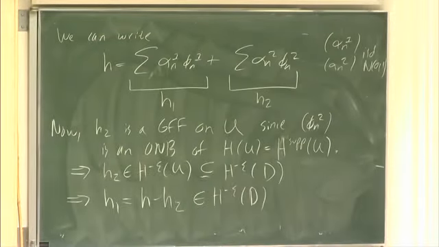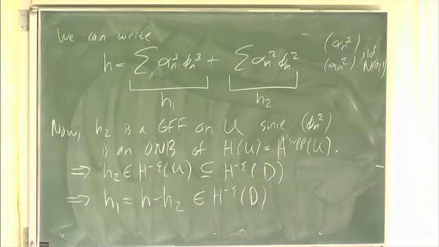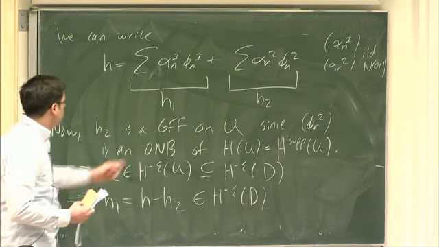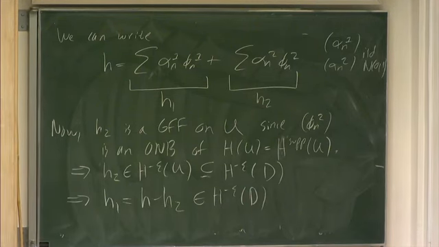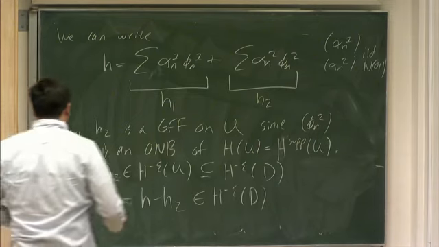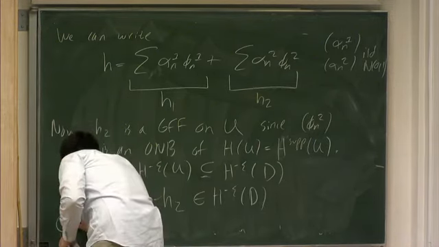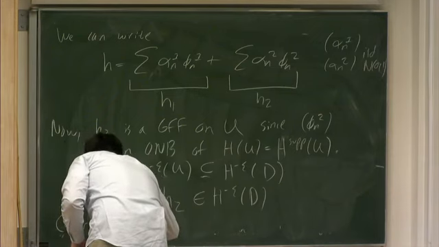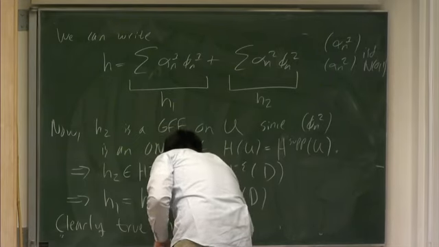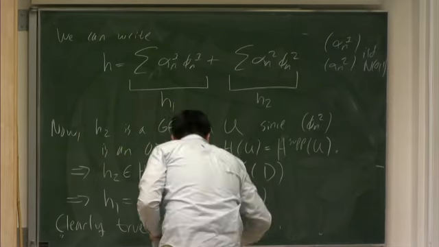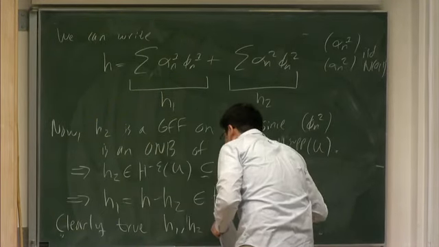Okay, and so to finish, what we have to do is show that this h1 here actually is a harmonic function inside of U. And sorry, let me also add here that it's clearly true that h1 and h2 are independent, because the coefficients in their series expansions are independent.